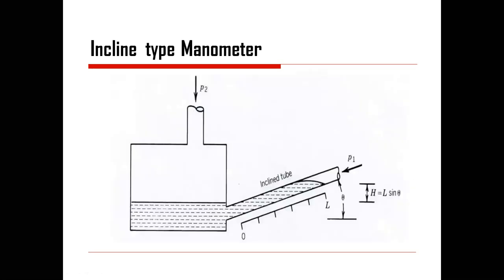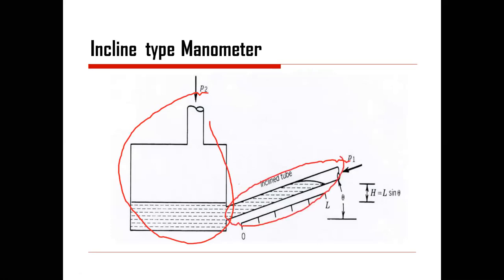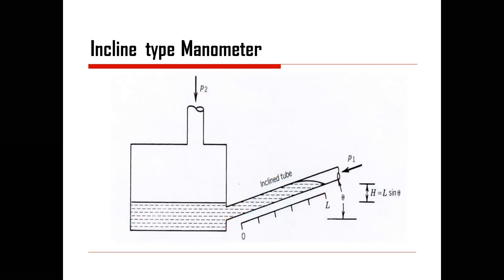Now the other one is the inclined type of manometer. The inclined type is also similar. Here we have a large vessel and an inclined tube which is connected to the large vessel. If you observe what variation we get, here we apply P1 and here we apply P2.